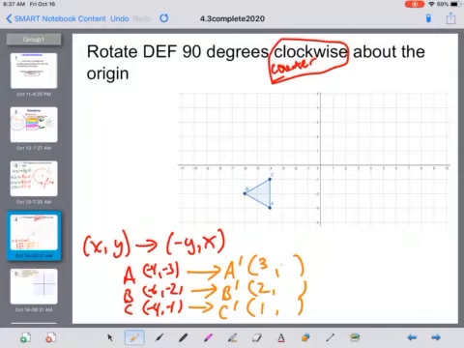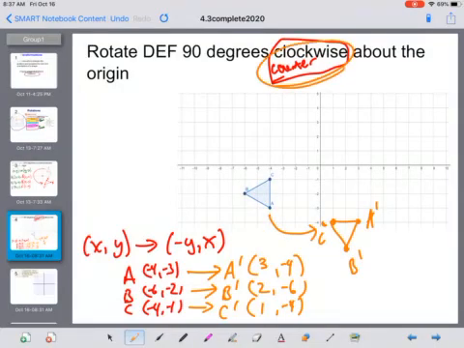Then I keep my x values in my y spot. So then I would be at 3, -4, 2, -6, and 1, -4. And this is 90 degrees, again, if I'm doing it counterclockwise.